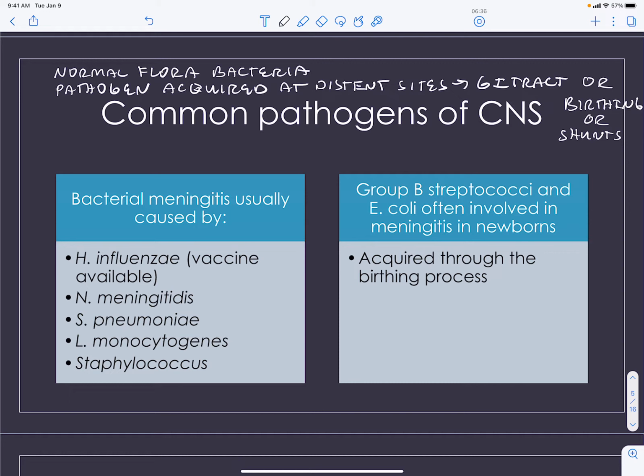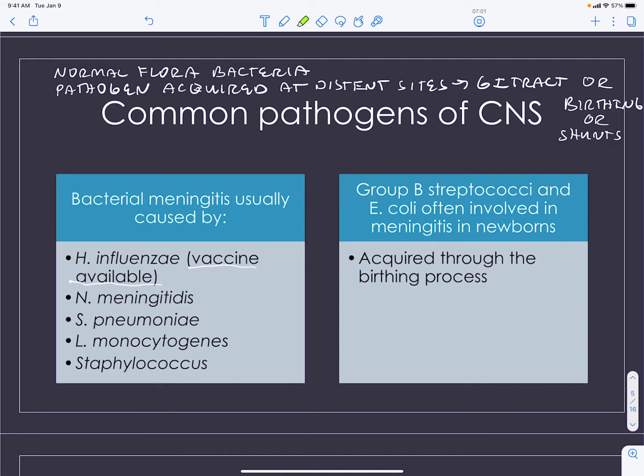So our common bacterial meningitis is going to be caused by Haemophilus influenzae. In the United States, a vaccine is available, and so this is no longer a major cause of meningitis. We have Neisseria meningitidis, Streptococcus pneumoniae, Listeria monocytogenes, and Staphylococcus that are all going to be common causes of bacterial meningitis.